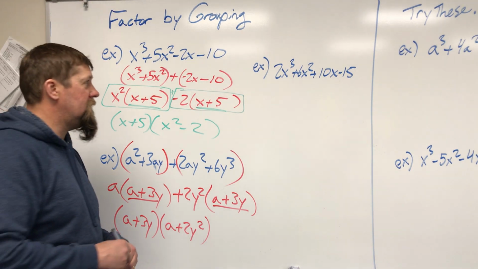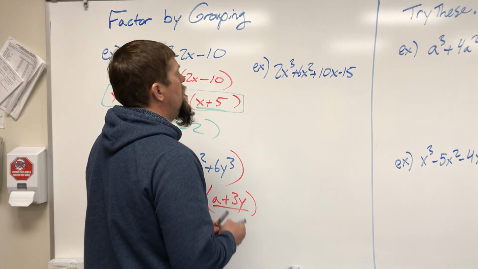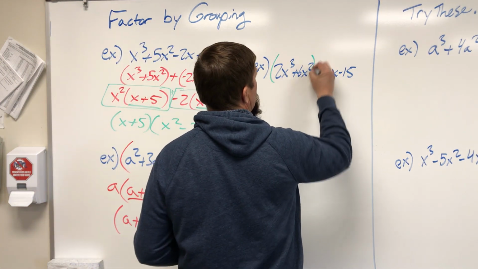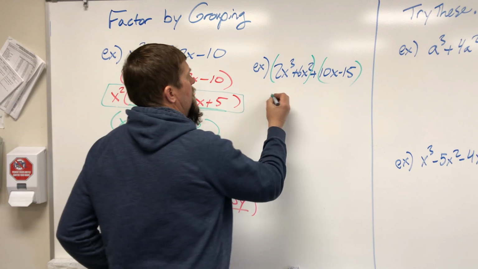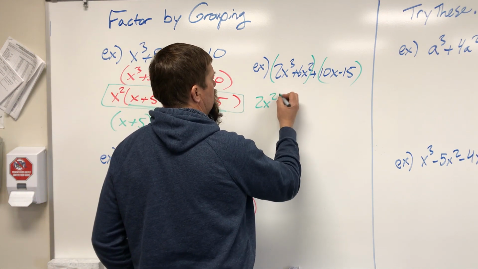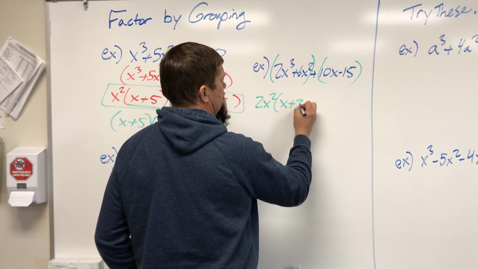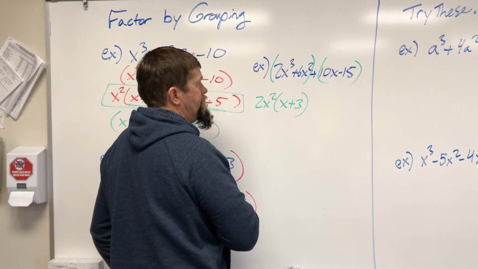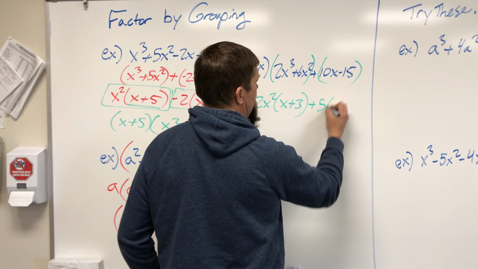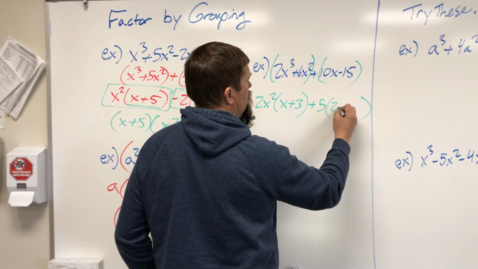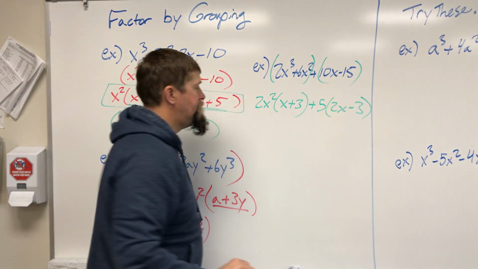Okay, so here's another one. We're going to go ahead and group the first 2, the second 2. I'm going to take out a 2x squared, leaves me with x plus 3. This one I'm going to take out a plus 5, leaves me with 2x minus 3.